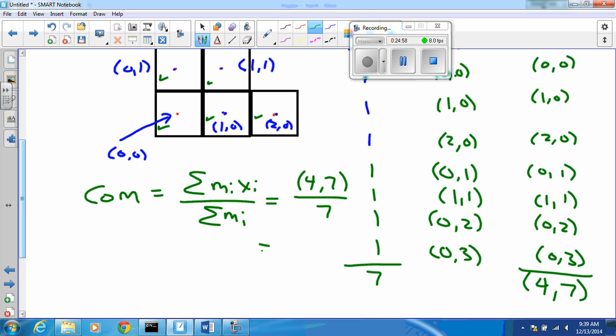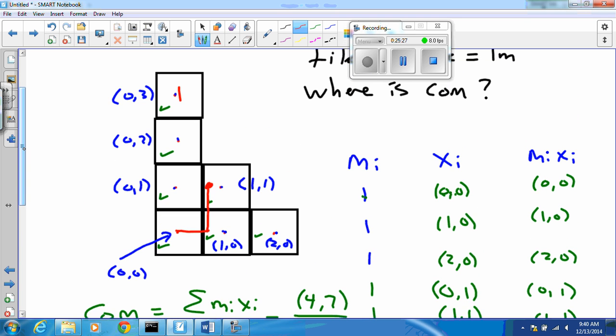And now the center of mass is the sum of mass times position over the sum of mass, which is 4, 7, over 7, which is equal to 4/7, 1. In decimal form, that would be 0.57, comma 1.